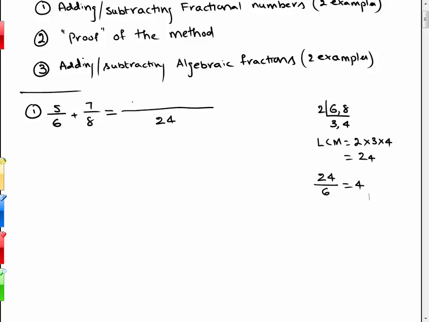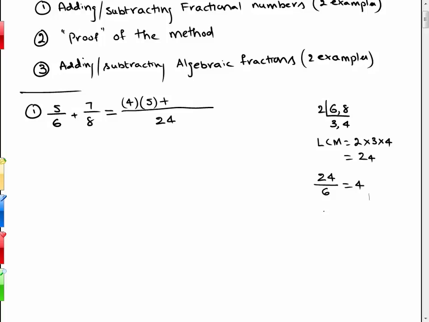So take that quotient 4 and multiply by the first numerator, that is 5. Let me repeat that. Common denominator over the first denominator, 24 over 6, equals 4. Take that quotient 4 and multiply by the first numerator, which happens to be 5. The next thing is we have an addition going on, so put a plus and do the same thing for the second fraction as what you did for the first one.